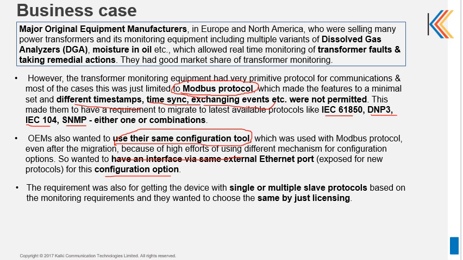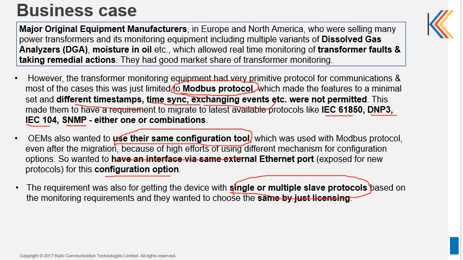And as I mentioned, they want a single or multiple protocol scenario, and they want to do that just through licensing. They also want multiple options like a copper Ethernet interface or a fiber optic Ethernet interface, to be decided at delivery time.